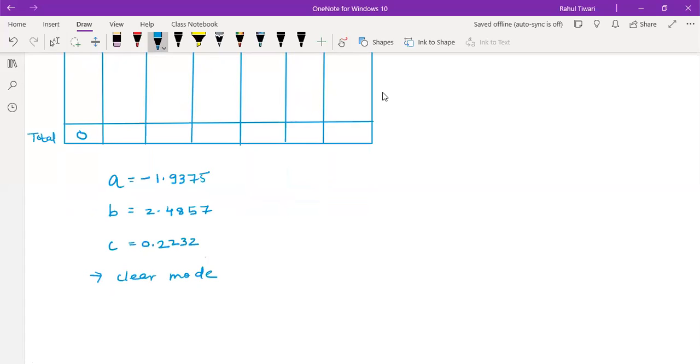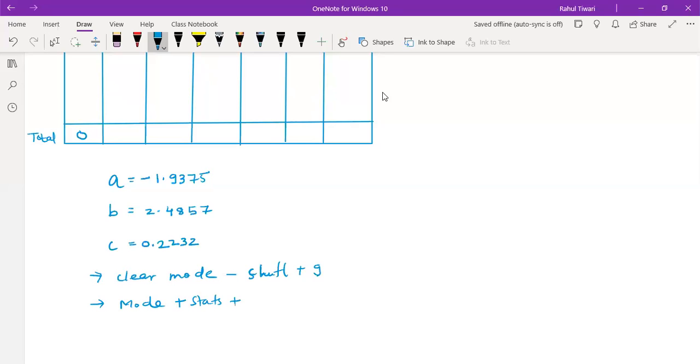You know how to clear your mode, so I'm not writing anything regarding that. It is, I think, shift plus 9. So you can just clear it. After that, go to the mode option and select stats.